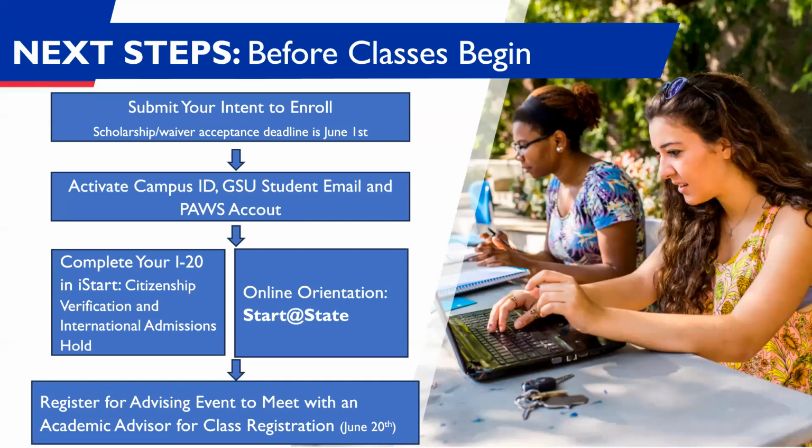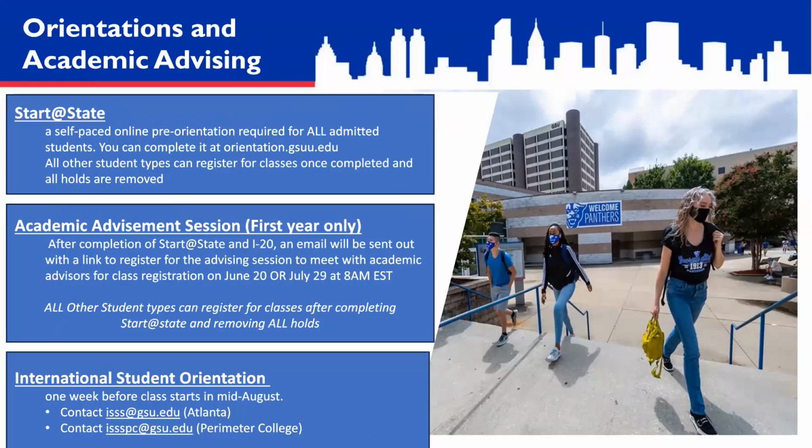So if you finished your I-20 and Start at State by Wednesday, the next Monday, you will get an email saying, hey, register for your advising session. Now, there are 2 advising sessions offered. One is in June, one is in July, okay? The sessions are here. I listed them here for you.